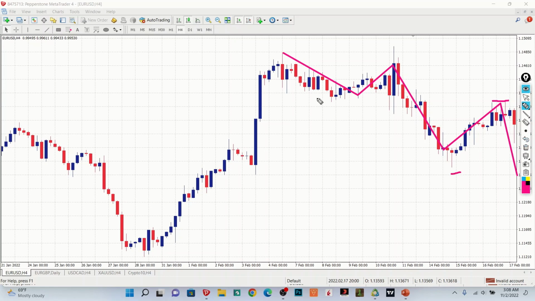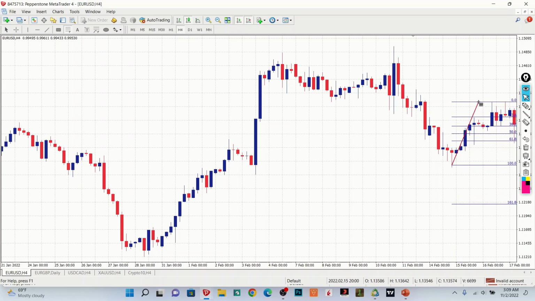So to find out if this level is going to be formed, we shall look for point A, that's a previous swing low, and then this is point B, and then we shall be looking to form point C. From A to B to form C. Actually, a big retracement from the swing low to the previous swing high.